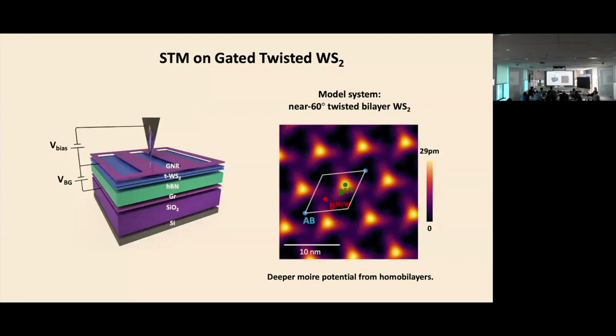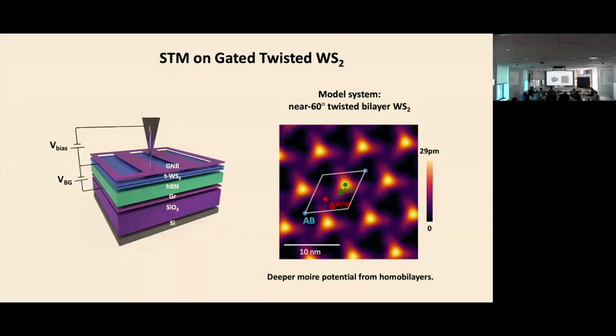Our theoretical collaborator, Professor Steve Louie's group, tells us this system has a particularly strong Moiré potential, partly due to two reasons. One is, in general, a homobilayer tends to give you stronger hybridization compared with a heterobilayer. So you want to have two TMD layers of the same type.